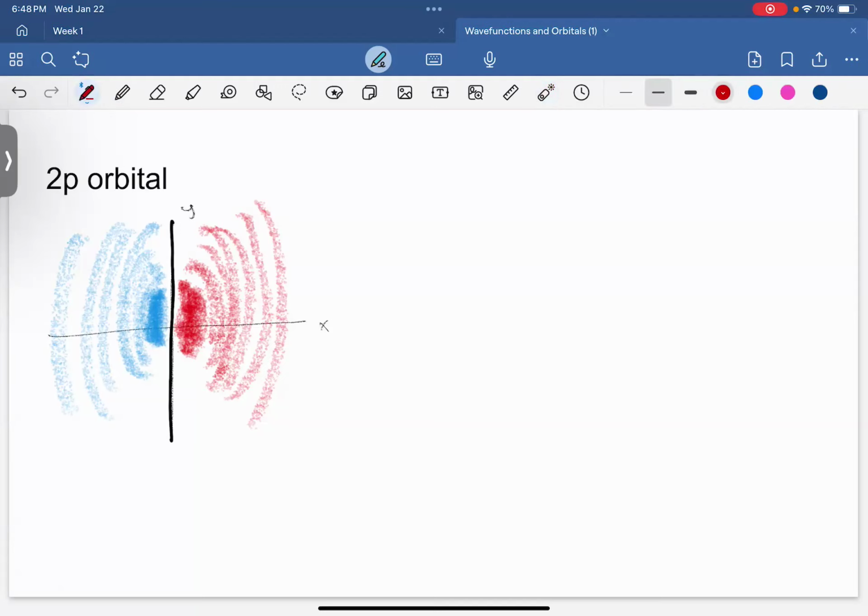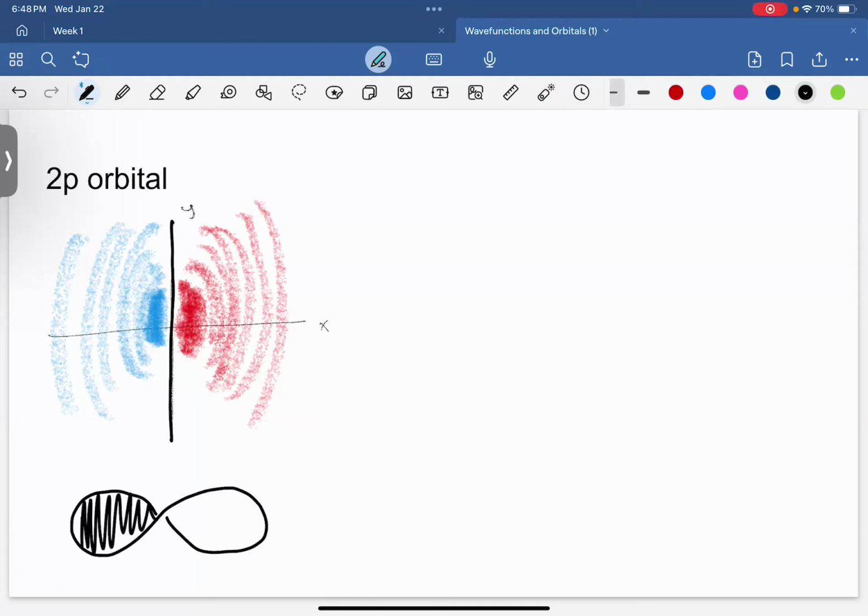This corresponds to our 2p orbital, which we typically draw with that dumbbell shape. We shade one side of it to say it's negative, but again, this just has an angular node pointed down the middle of it.